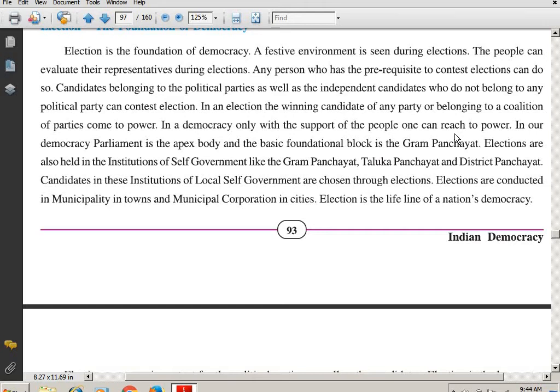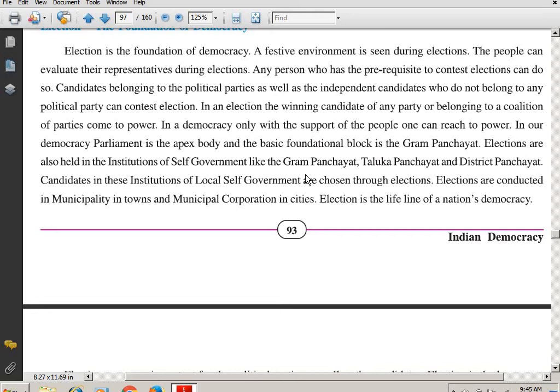In our democracy, Parliament is the apex body, the head of the body, and the basic foundational block is the Gram Panchayat. Elections are also held in institutions of self-government like Gram Panchayat, Taluka Panchayat, and District Panchayat.